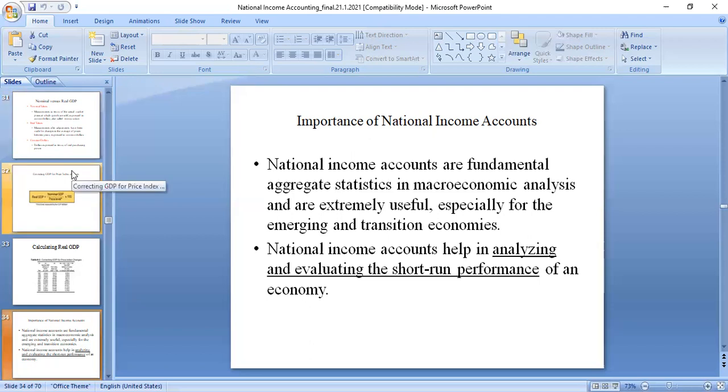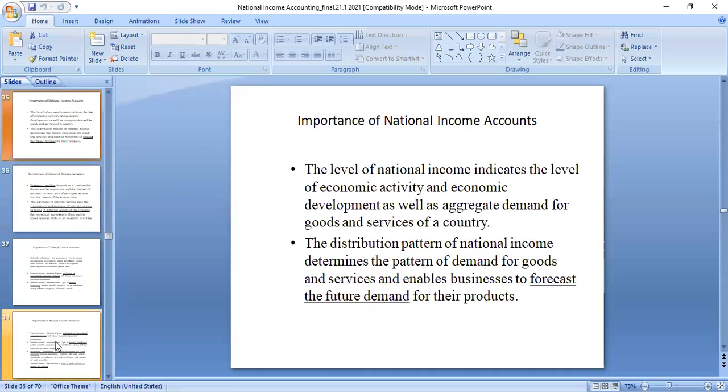So the economic growth of countries is measured by comparing GDP figures or national income figures. These national income figures also indicate the level of economic activity and economic development, as well as aggregate demand for goods and services of a country.